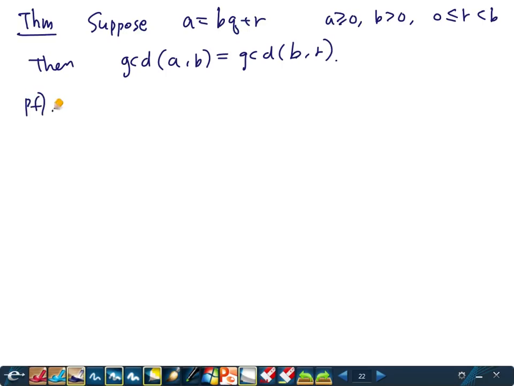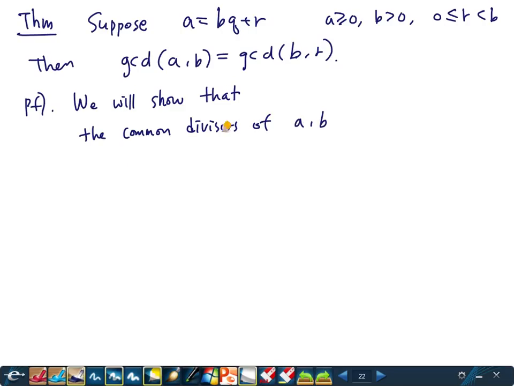The proof is not difficult. We will show the following: the common divisors of A and B are exactly the common divisors of B and R. They are exactly the same.